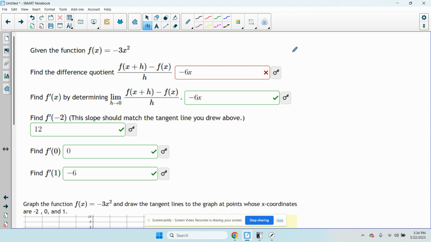f of x plus h would be negative 3 times the quantity x plus h squared, minus f of x, which is negative 3x squared, all over h.